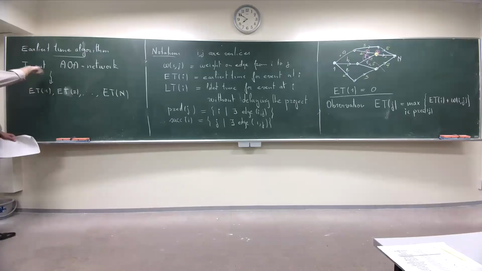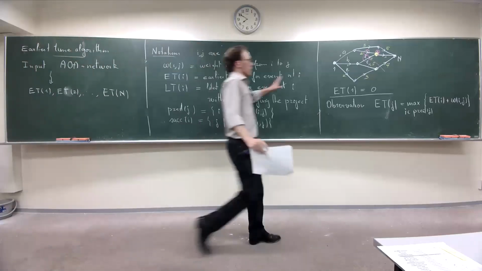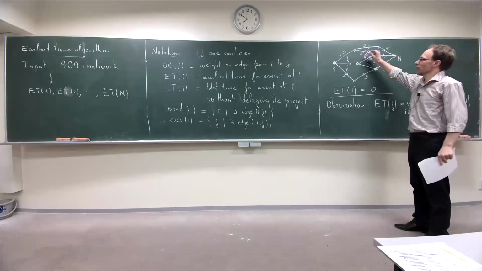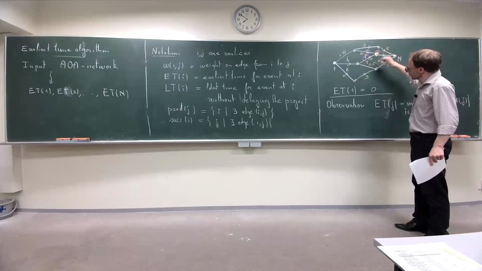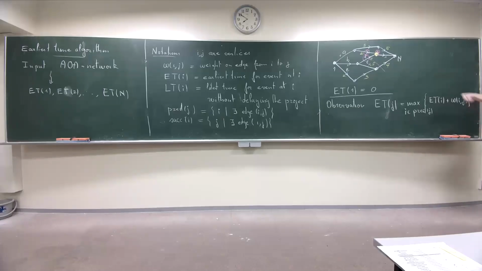It's not a difficult algorithm. You just need to do it recursively, which tells you, given this input, what is the earliest time when you reach this point, and this point, and this point. If you understand what is going on, it's based on this idea.